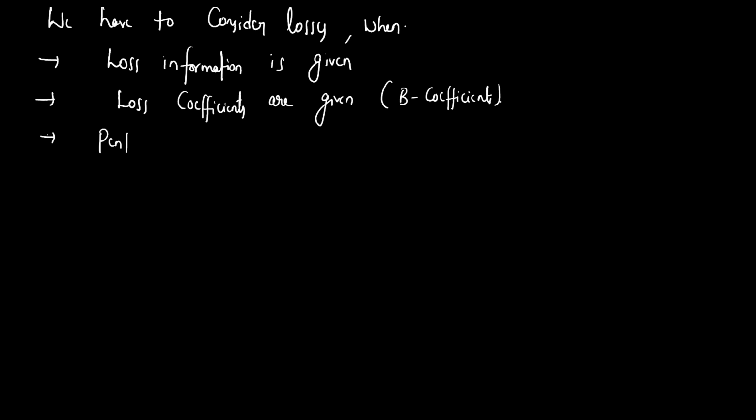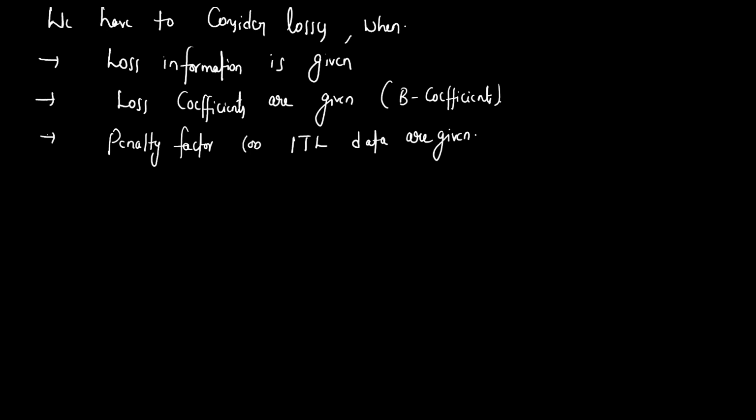When penalty factor or incremental transmission loss data are given. Okay, so when these three situations are given, then you read the question carefully, where you have to include or coordinate the transmission losses.